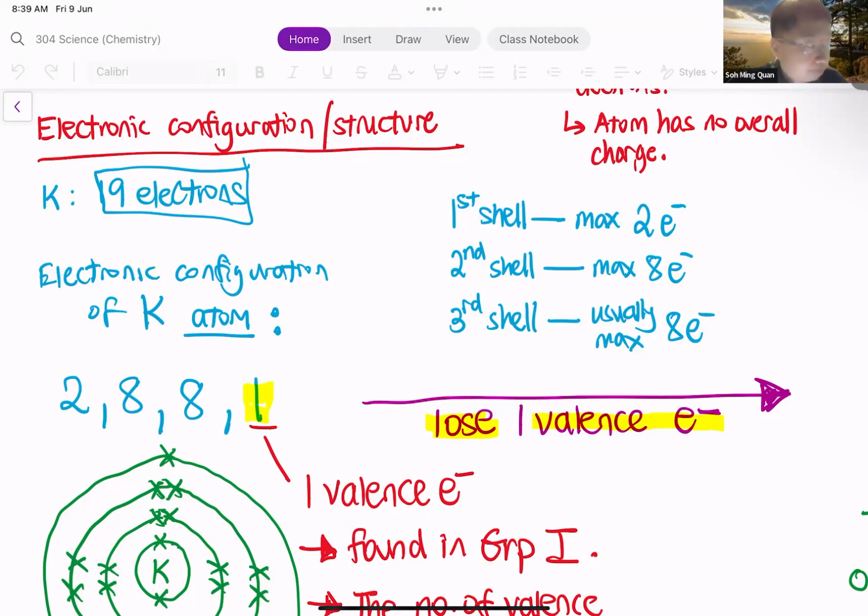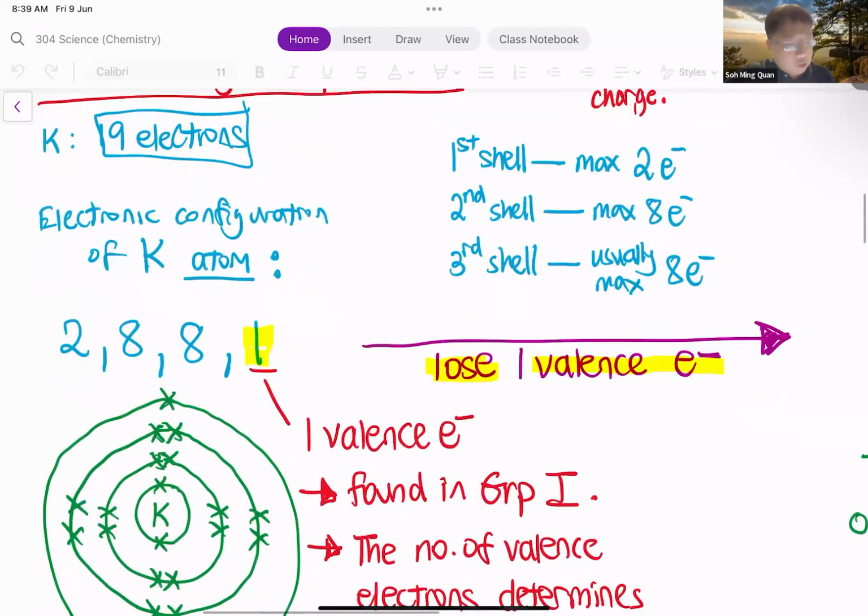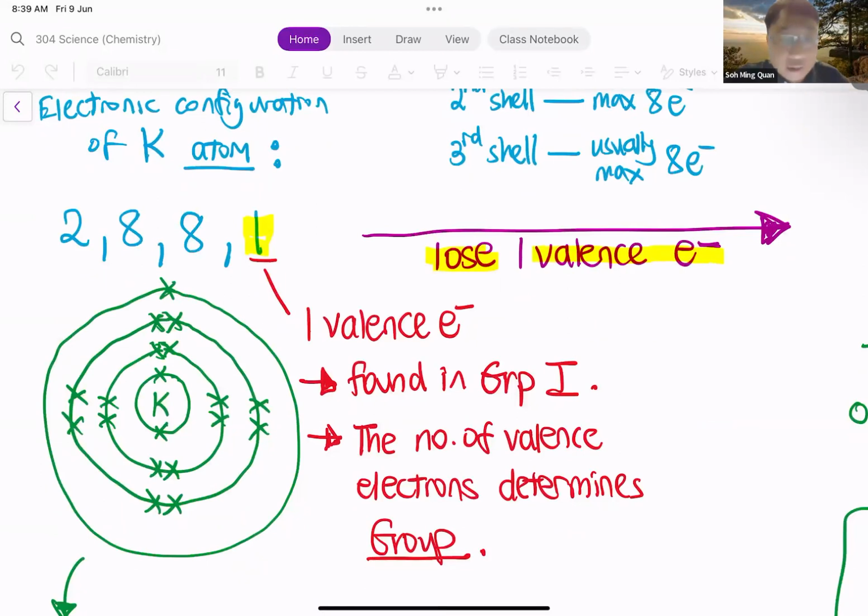All right. Now, based on 2, 8, 8, 1, we can say that potassium atoms have 1 valence electron. And from the number of valence electrons, which is 1, we can tell that it's in group 1 of the periodic table.